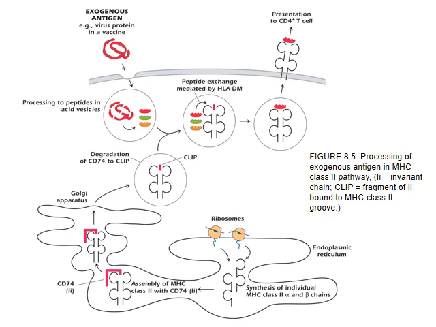Okay? An example of an exogenous antigen could be a virus protein in a vaccine, just like when we give you a flu shot. You got a flu shot, and you probably don't know what's going on. Even a layman will know, I'll get a fever, but it will be okay.